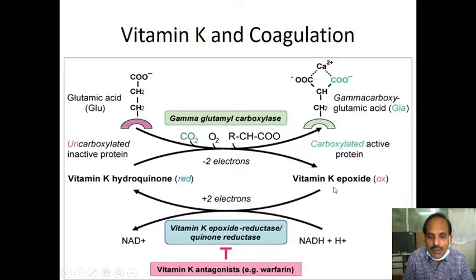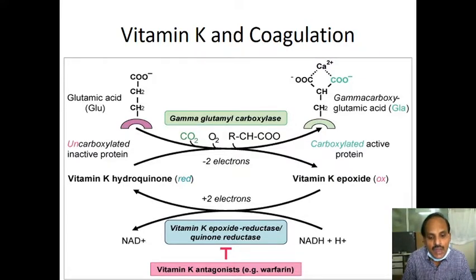Vitamin K epoxide in our body, which is the oxidized form, becomes vitamin K hydroquinone, which is the reduced form, by gaining 2 electrons through the action of vitamin K epoxide reductase. We can also call it vitamin K oxidoreductase, because epoxide is the oxidized form. Therefore, instead of vitamin K epoxide reductase, we can also call it vitamin K oxidoreductase. VKOR is the enzyme.